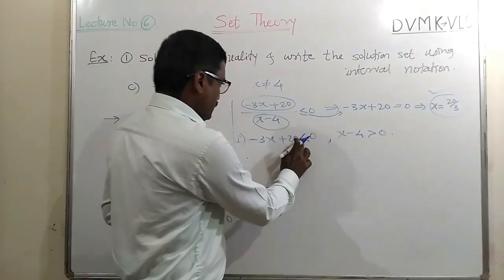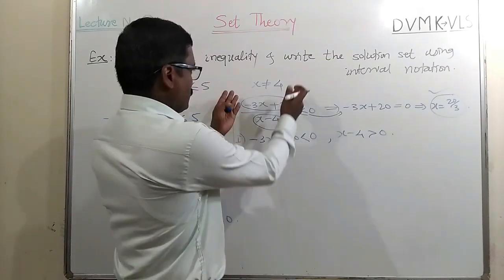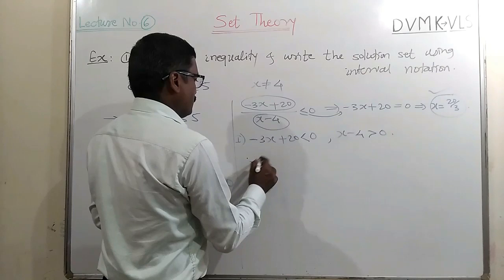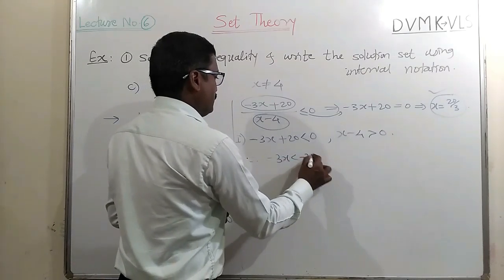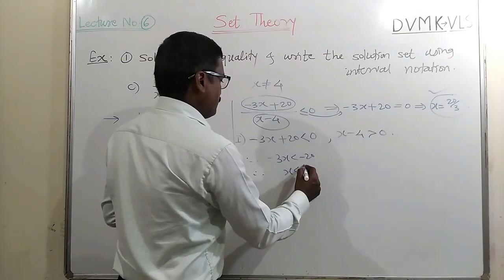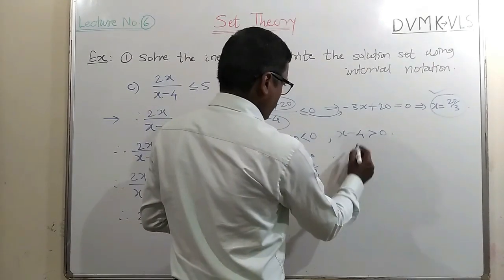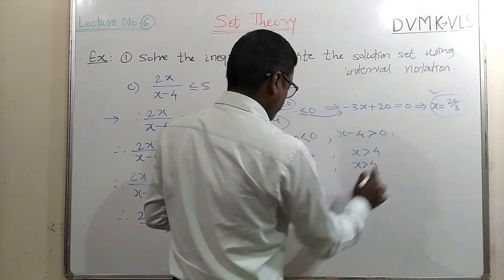When the numerator is negative and the denominator is positive, the ratio will be negative, that is less than 0. So this gives us minus 3x less than minus 20. Therefore x is greater than 20 upon 3. The second case gives us x greater than 4.